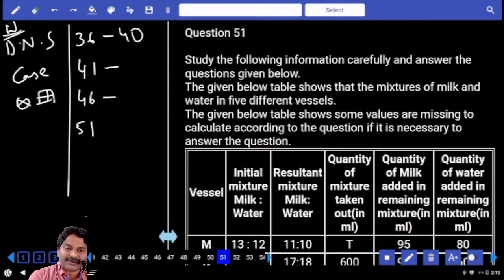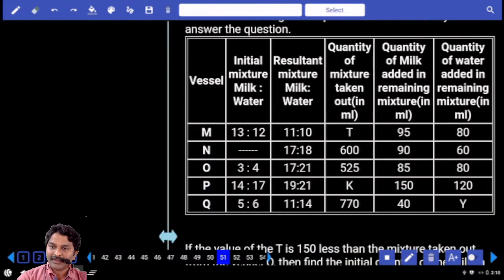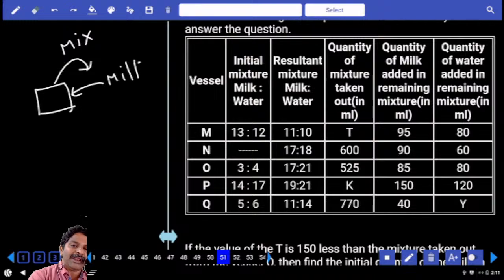From 51 onwards, we have a table, but look at this table, which is a lengthy table. Initial mixture in vessel, milk and water quantity. Resultant mixture ratio, milk and water. Quantity of mixture taken out. Quantity of milk added, quantity of water added. So that means you have some quantity, some mixture is taken out, and then after that you are adding milk and then water.